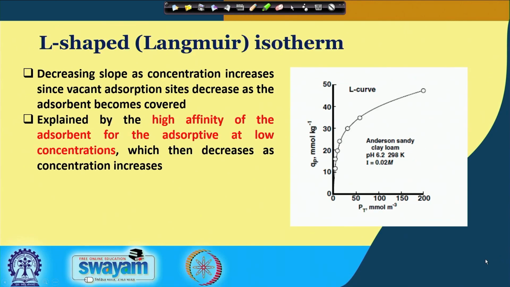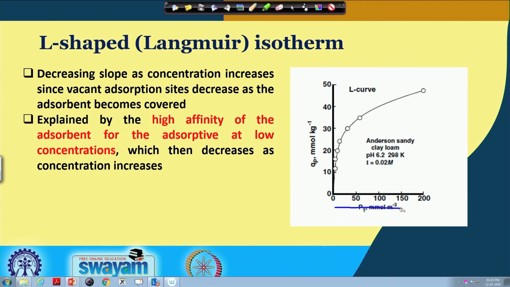Now, another is called the L-shaped or Langmuir isotherm. The Langmuir isotherm shows a decreasing slope as concentration increases, since vacant adsorption sites decrease as the adsorbent becomes covered.